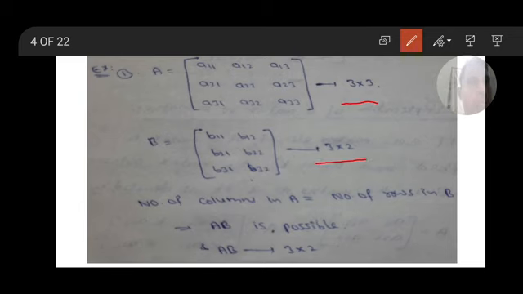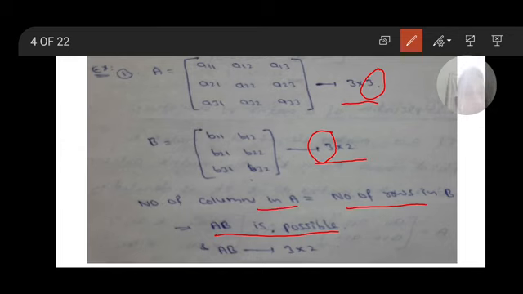We have to multiply AB. The number of columns in the first matrix is 3 and the number of rows in the second matrix is 3. They are equal, number of columns in A is equal to number of rows in B. Therefore, AB is possible, and the order of AB is 3 by 2. How to multiply? We will see in the next slide.